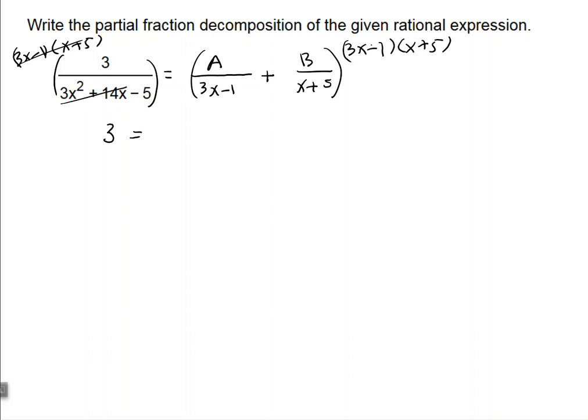And then on the right-hand side, I need to use my distributive property, multiplying 3x minus 1 times x plus 5, multiplying both of those factors times each fraction. So when I multiply it times the first fraction, the 3x minus 1 would cancel.